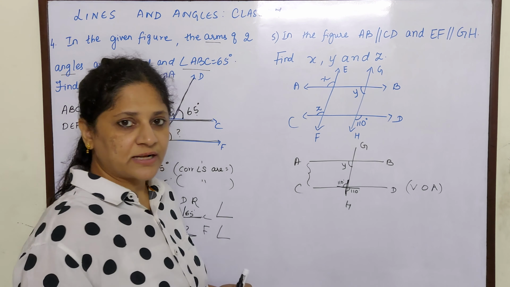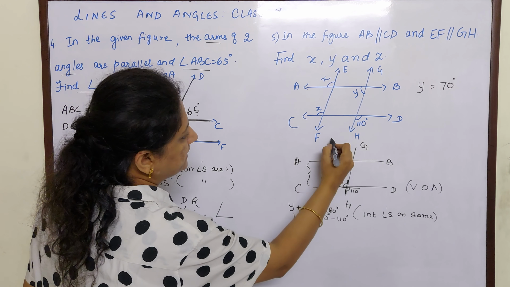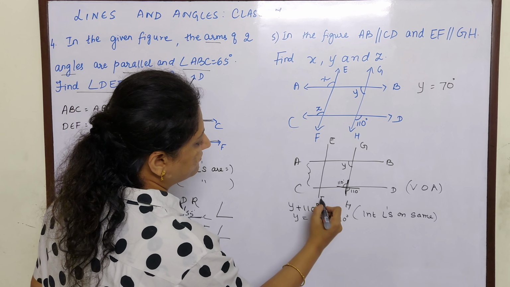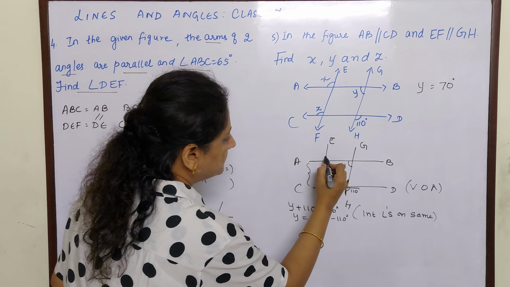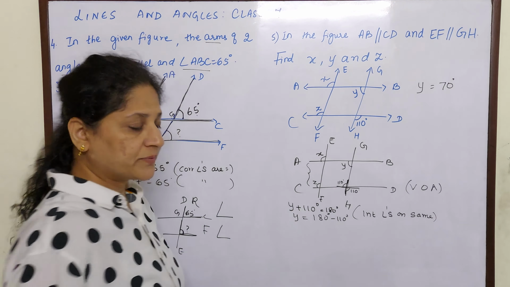Okay. Now let us draw this line. Now this is E, transversal EF, and X is here and Z is here, right? Now Y is 70 degrees, and EF is parallel to GH, and if I say AB is the transversal, then I'll write this as 70.